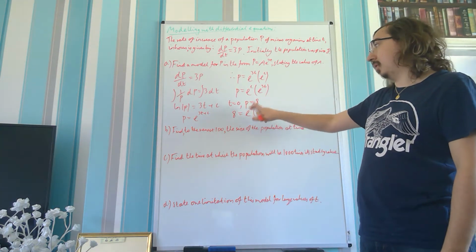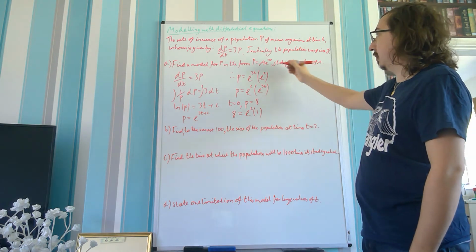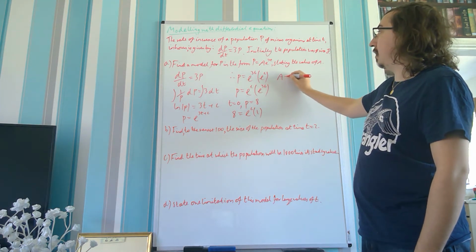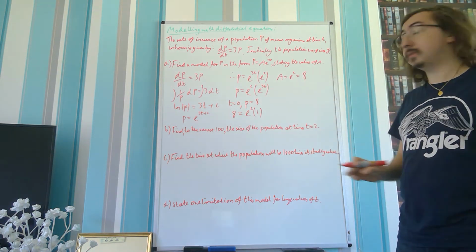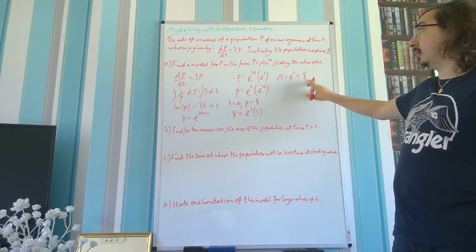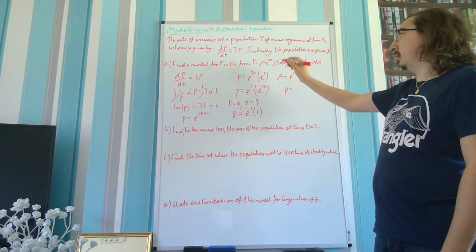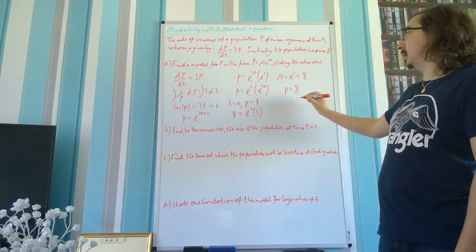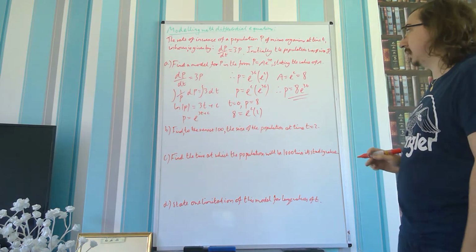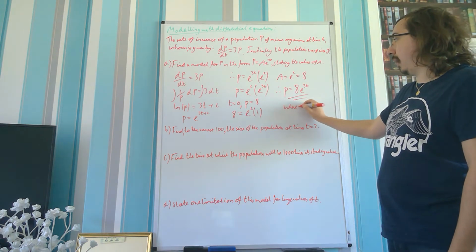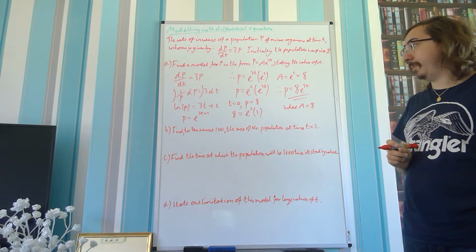So this constant, e^c, is just equal to 8. And as A is equal to e^c, which is equal to 8, that must be our value for A. So therefore, for our model, we've got P = 8e^(3t), where A is equal to 8, just to clarify that.